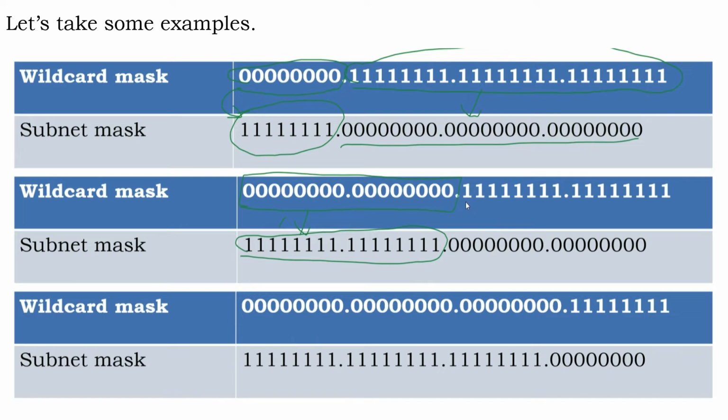And these ones and zeros. In this last example, we need to change these zeros and ones. And these zeros and ones.